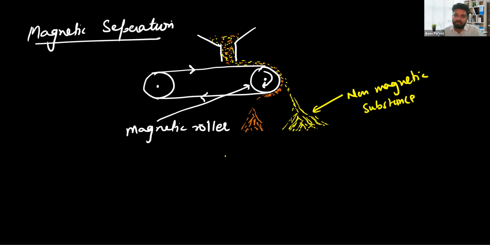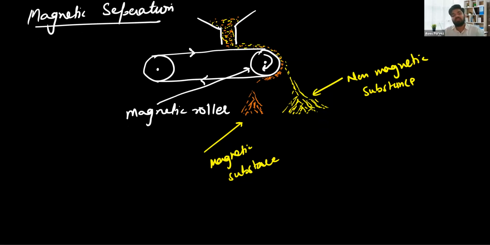It can be that the impurities are magnetic, or the ore is magnetic. Generally the ores which contain iron are enriched by this method, because the iron particles are separated out, and the impurities like sand and other particles which are not attracted by the magnet are separated like this. So iron ores are generally enriched by this method.